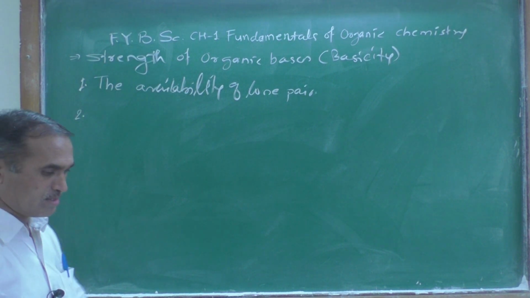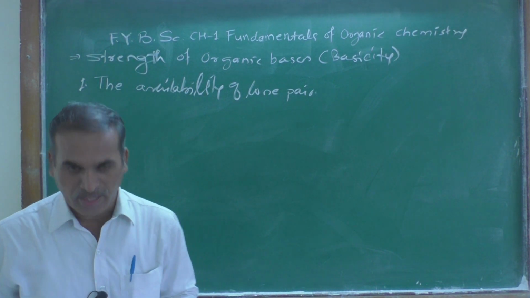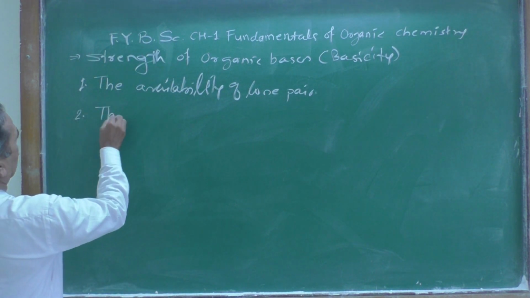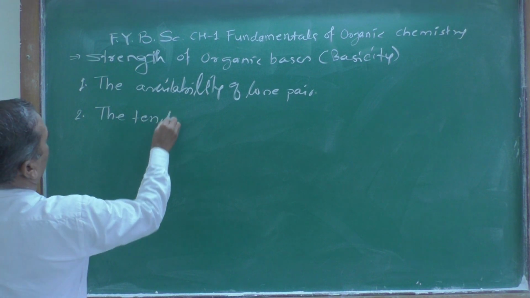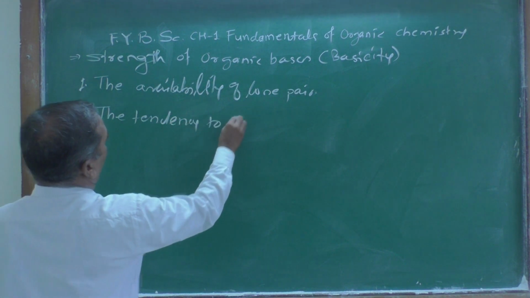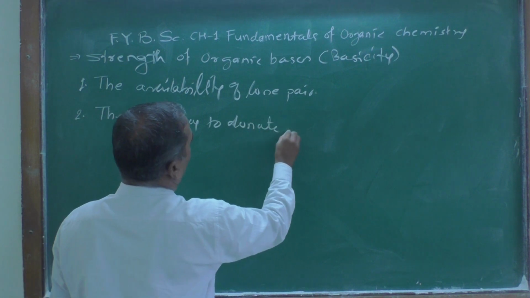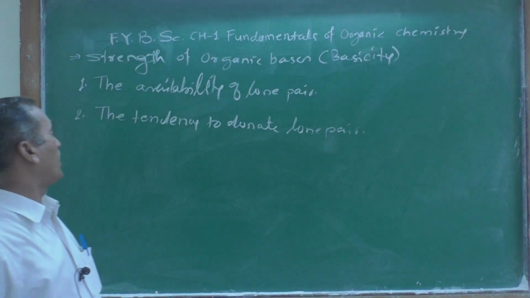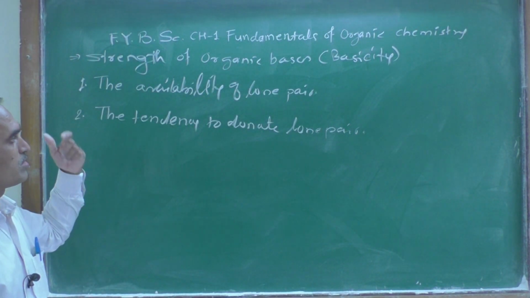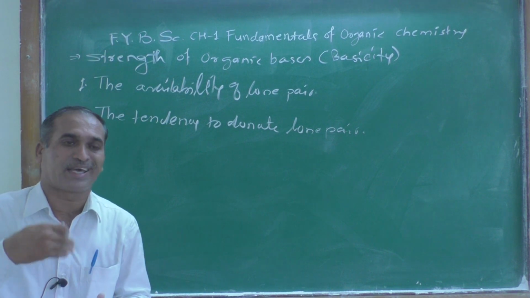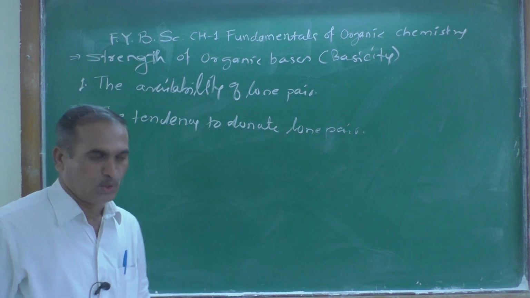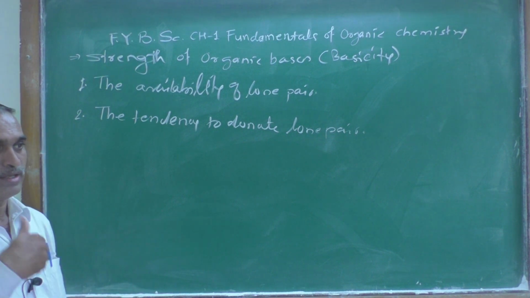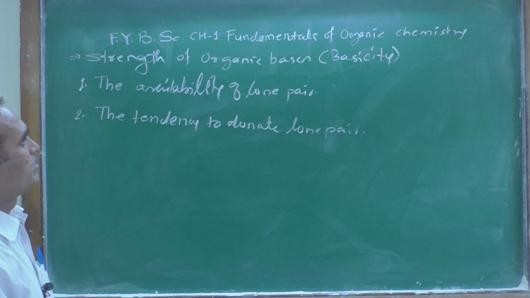Now let us look at the second point which will affect the strength of bases: the tendency to donate the lone pair. Those having a lone pair have a great tendency to donate it, and therefore that is the second factor which can affect the strength of basicity.